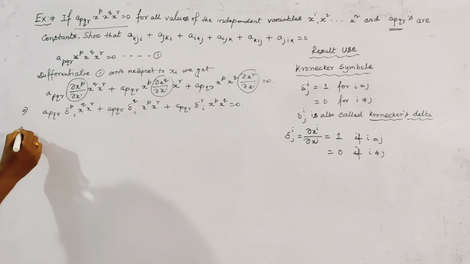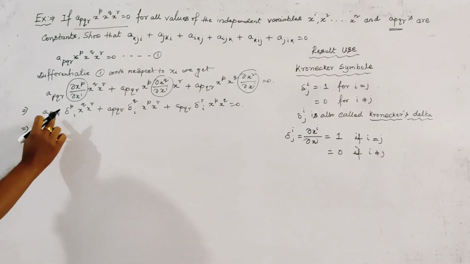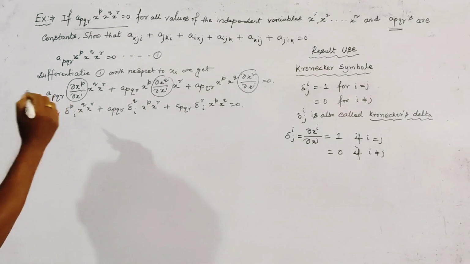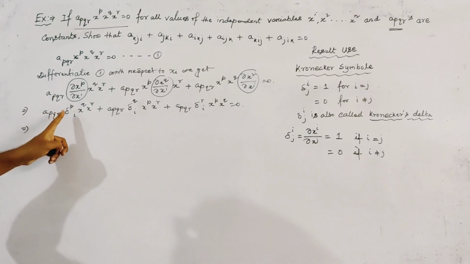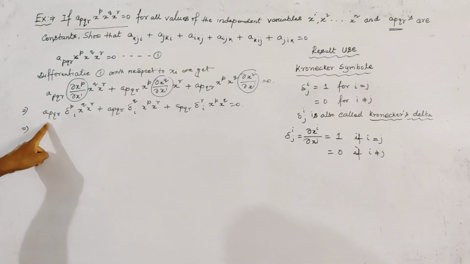Clearly, here p is present in the superscript and p is present in the subscript, so this is a dummy index.